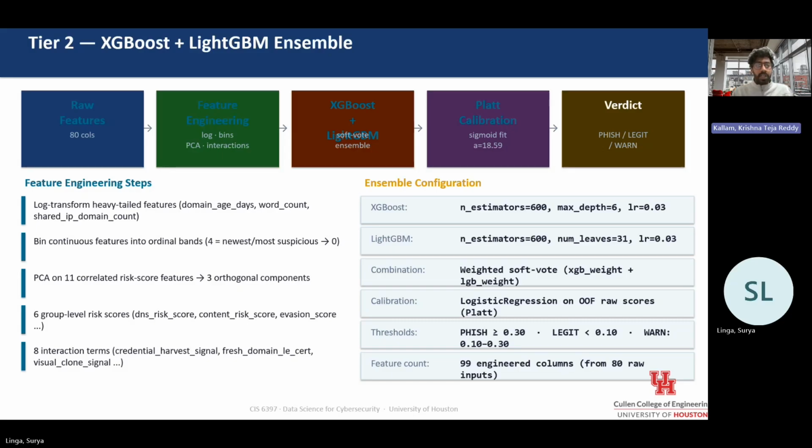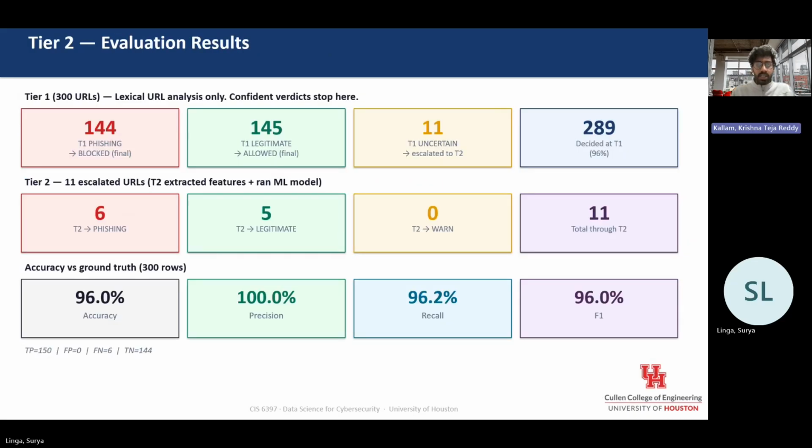For the tier 2 evaluation on 300 URLs, tier 1 handled 289 perfectly on its own and sent 11 to tier 2, and tier 2 classified all 11 with full confidence. We have 6 phishing, 5 legitimate, and 0 sent for the analyst to review.